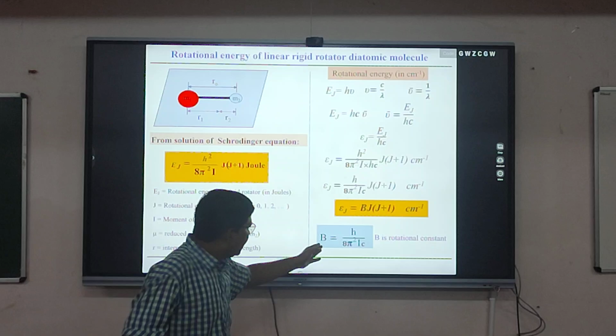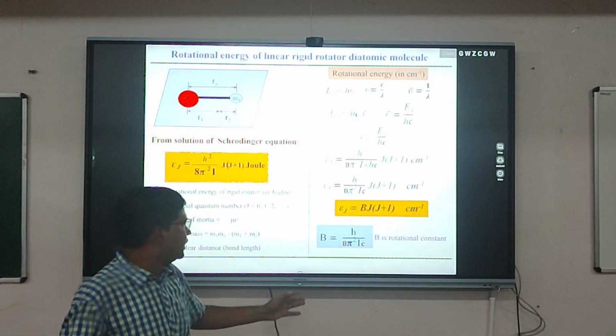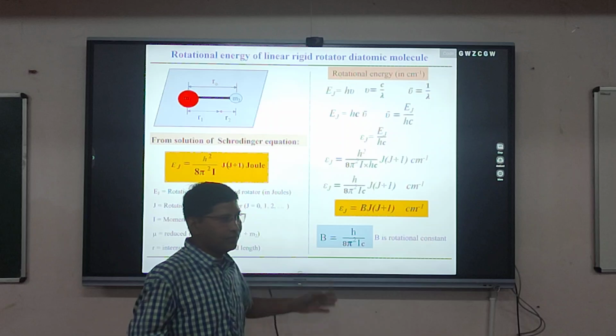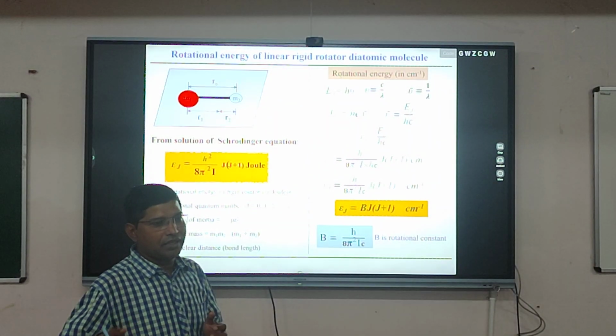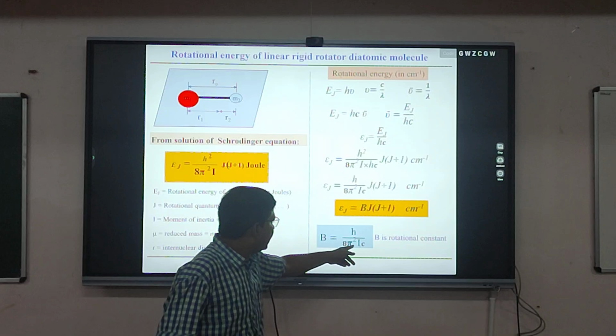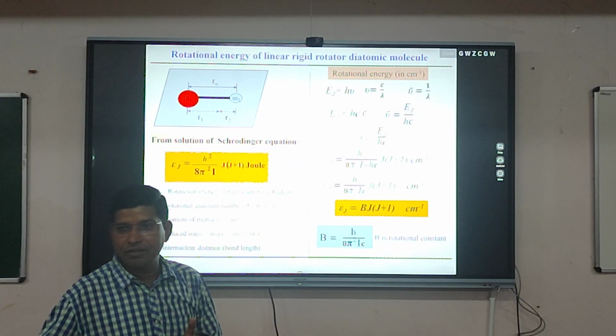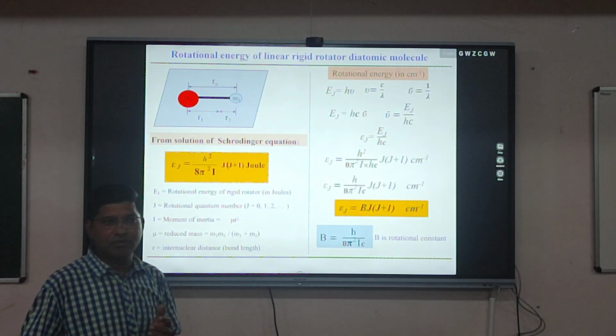If we know the value of B, we can determine the moment of inertia of the molecule.